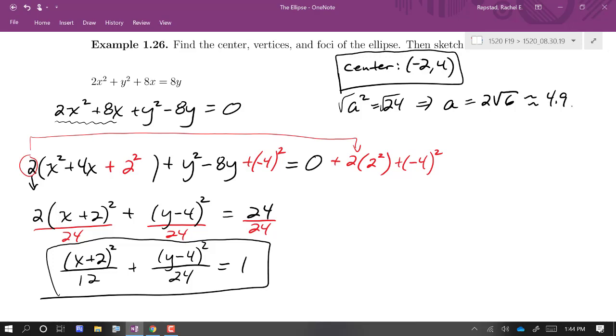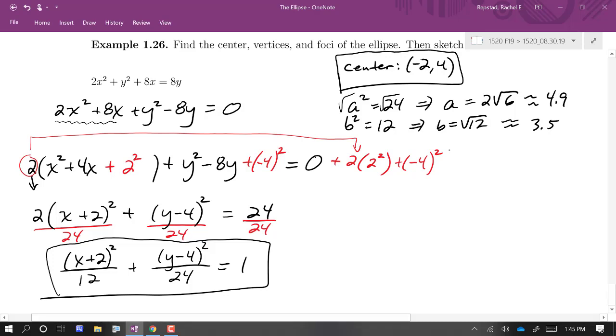And then b squared is 12, so b is root 12 or 2 root 3, and that is 3.46. I'll call that about 3.5.